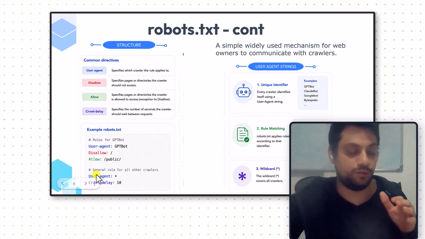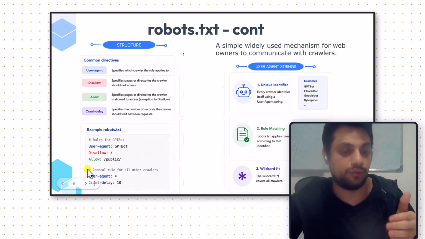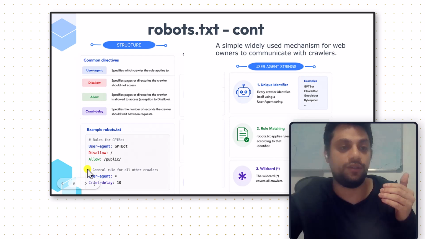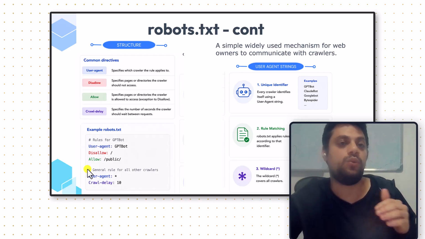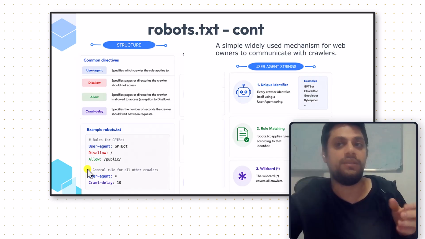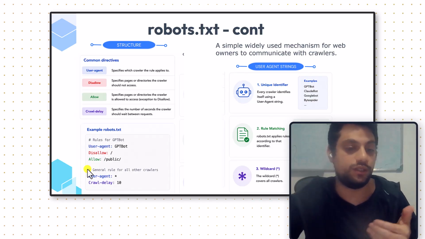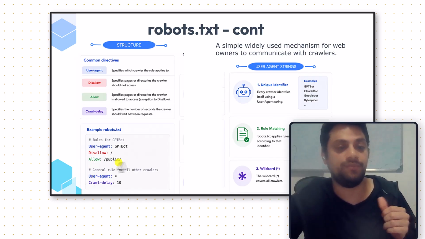And the second rule is intended for all the crawlers, and it requests them to wait 10 seconds between requests. The goal is to avoid overloading the servers.